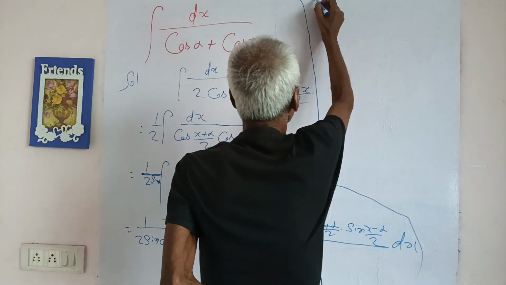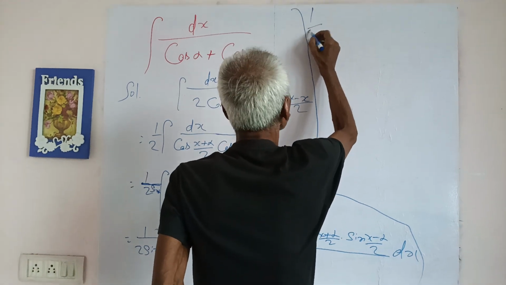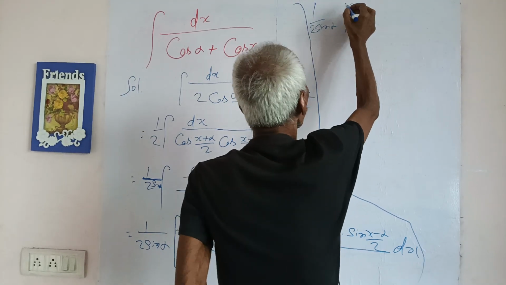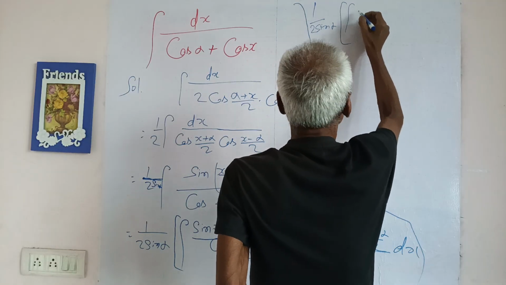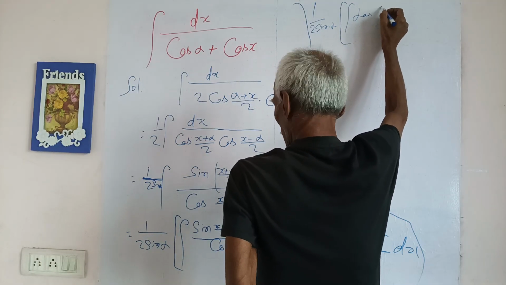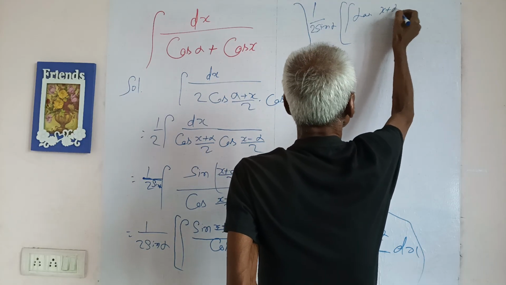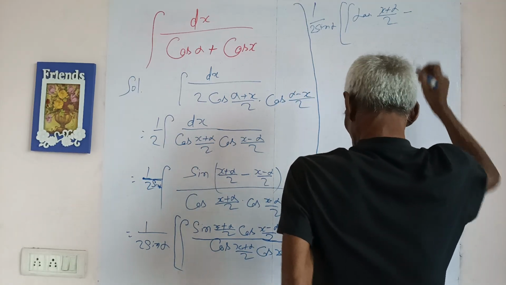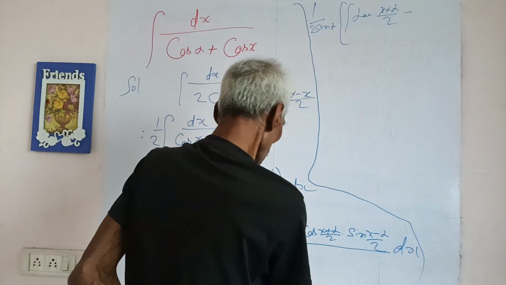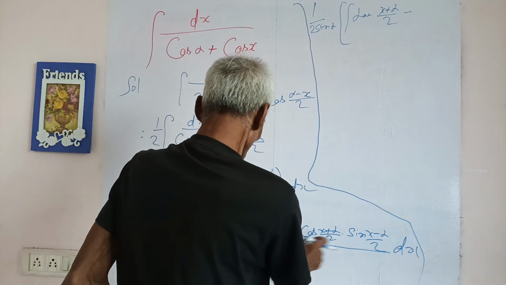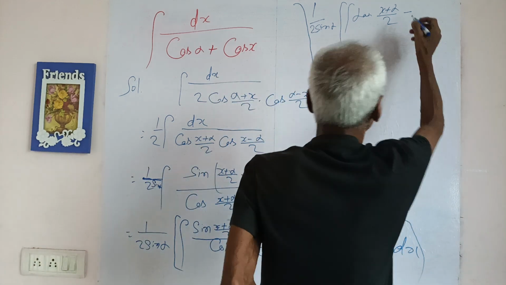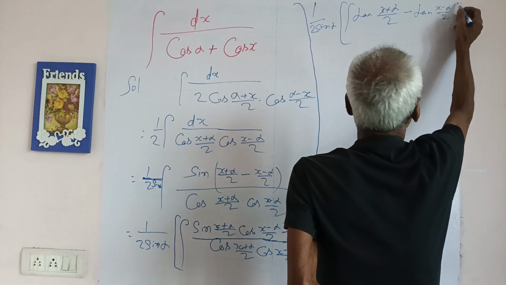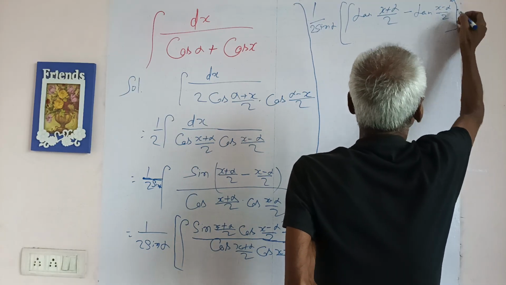So write here as 1 by 2 sin alpha, integration of tan (x plus alpha by 2) minus, from here we get, this part will be cancelled, tan (x minus alpha by 2) dx.